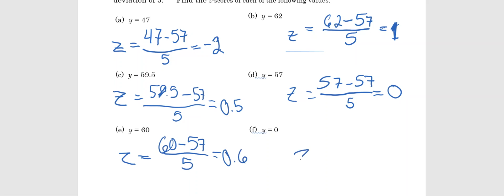All right, z for 0: 0 minus 57 divided by 5. That's not going to come out nice. Negative 11 and a fourth. Negative 11.4. So the most unusual value on here is that negative 11.4 because it is the farthest from 0. So that value is the most unusual.